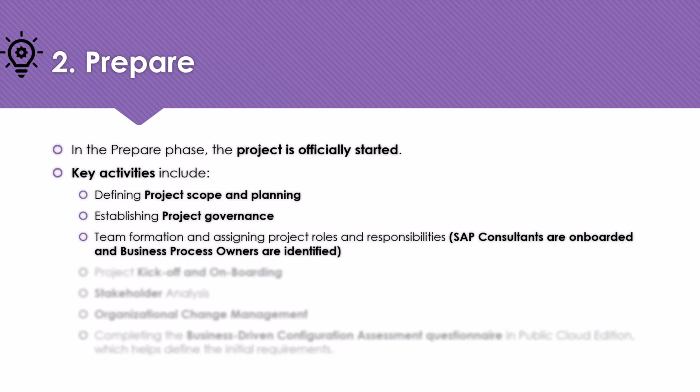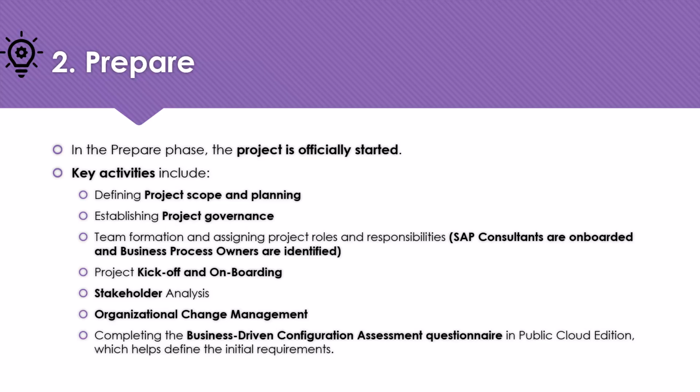SAP consultants are onboarded and business process owners are identified. Project kickoff and onboarding, stakeholder analysis, organizational change management, completing the business driven configuration assessment questionnaire in public cloud edition, which helps define the initial requirements.